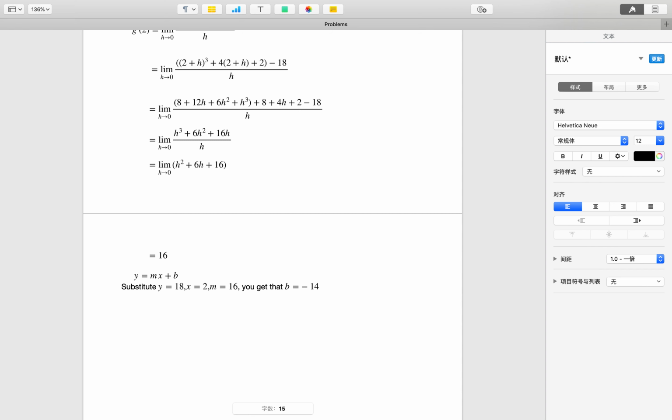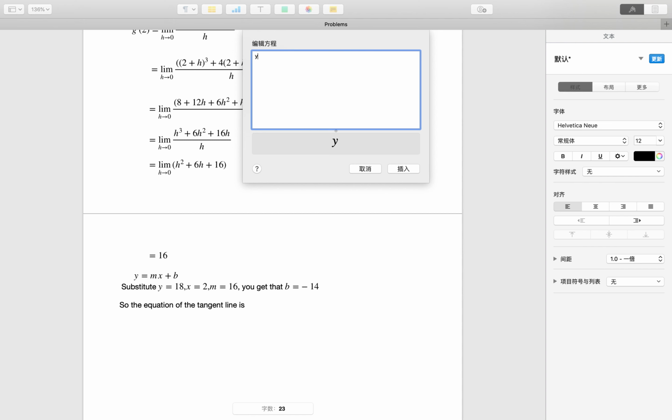So the equation of the tangent line is y equals 16x minus 14.